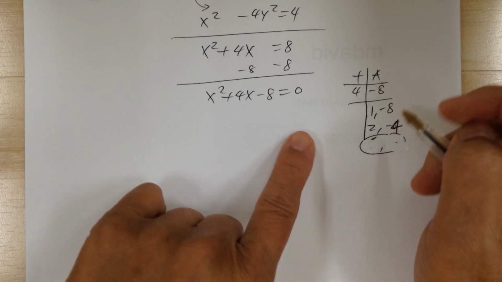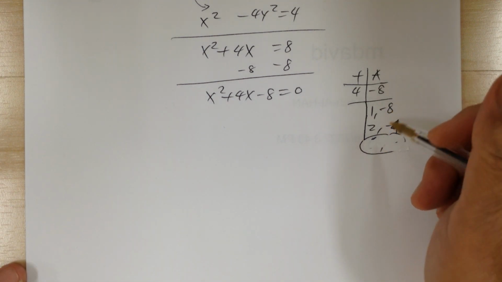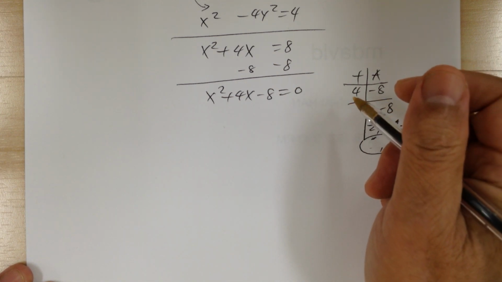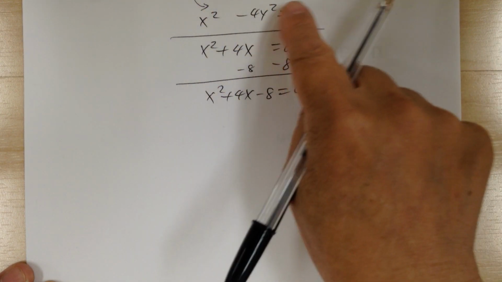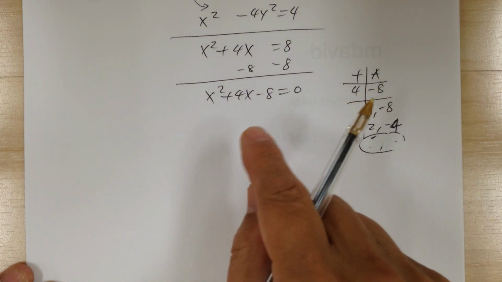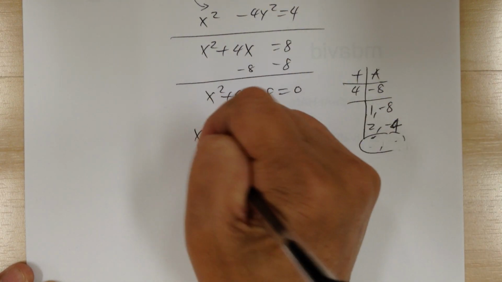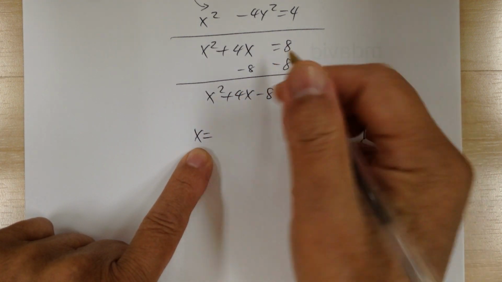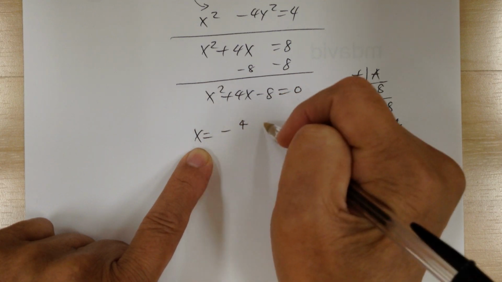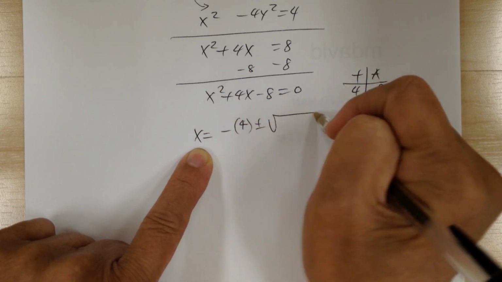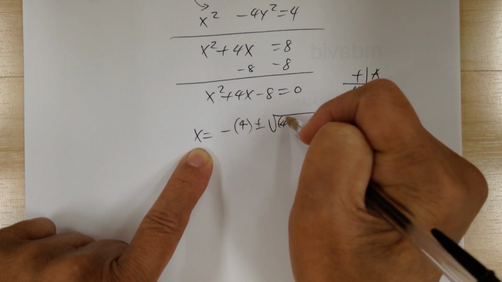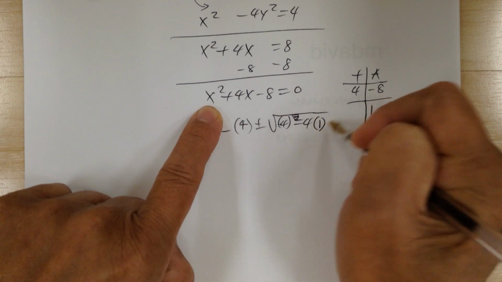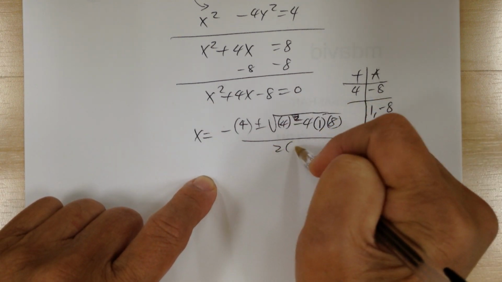In this case, it's not factorable, so you probably want to do the quadratic formula. Double check. So x equals negative b plus or minus the square root of b squared minus 4ac, over 2a.